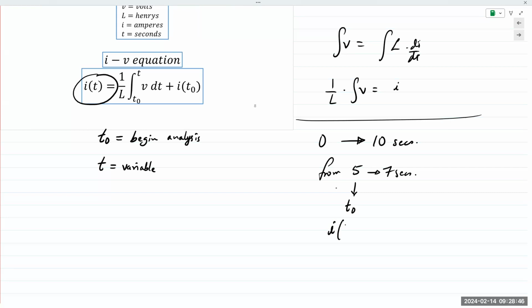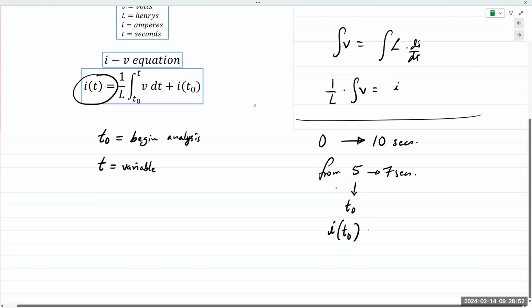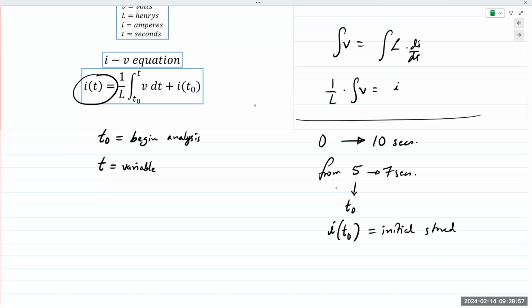And so I of t0 would be the initial stored energy in the inductor. And that is what that I of t0 is. And it would pretty much be a constant. The value would be there in the problem statement. It would be up to you to recognize it and extract that information. But there would not be any calculation that you would need to do.